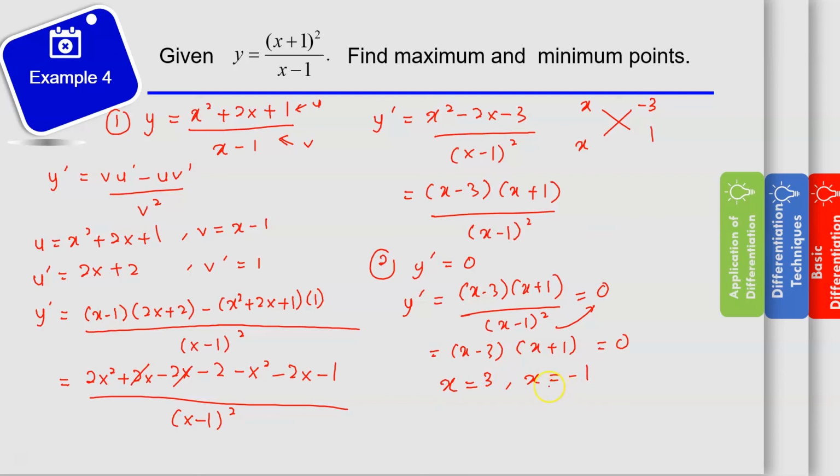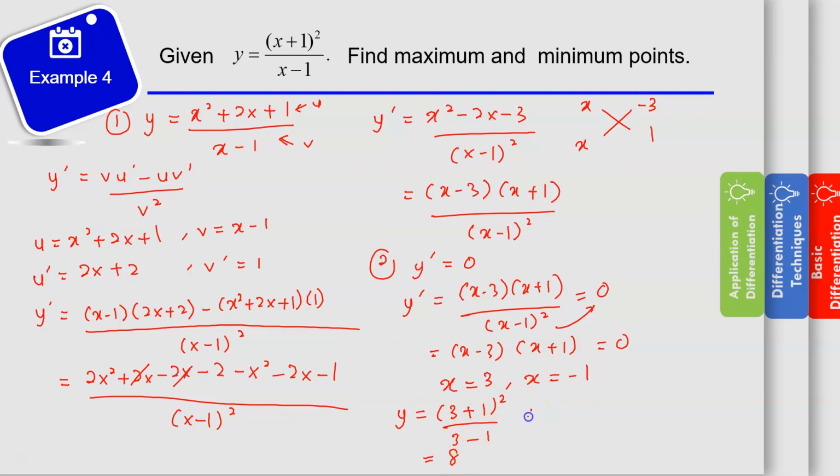And then for x equal to 3, we compute y. At x equal to 3, y equals (3 plus 1) squared divided by 3 minus 1. 3 plus 1 is 4, to the power of 2 is 16, divided by 2, so we get 8.